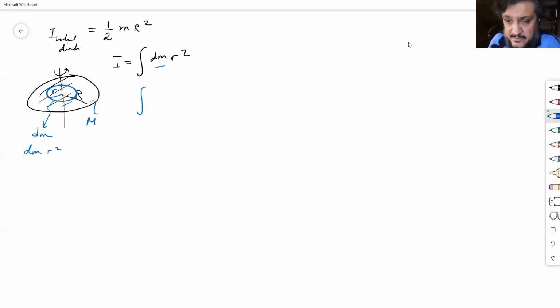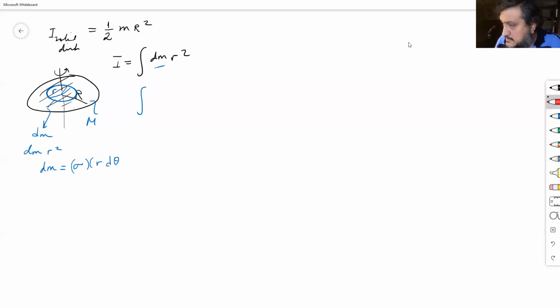The mass contained in that ring will be equal to an area density, which I will denote by sigma, times, actually the area density is sigma, so let me multiply it by r times d theta, which would be this part only.